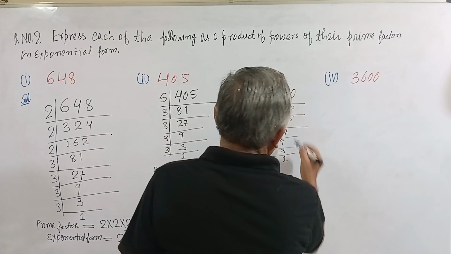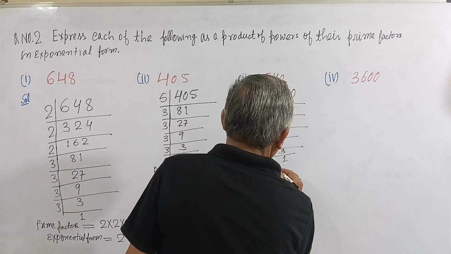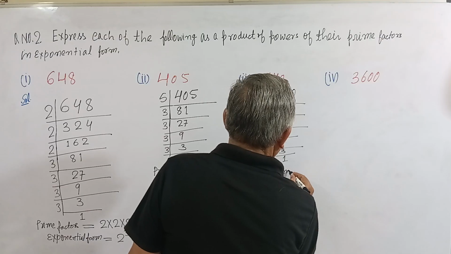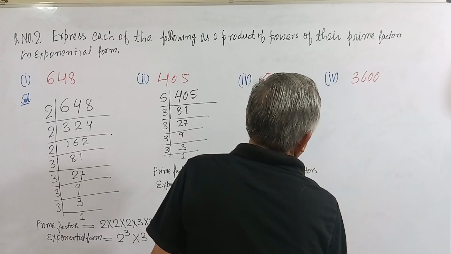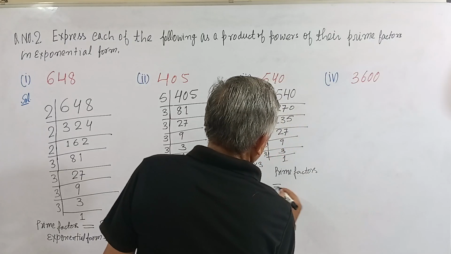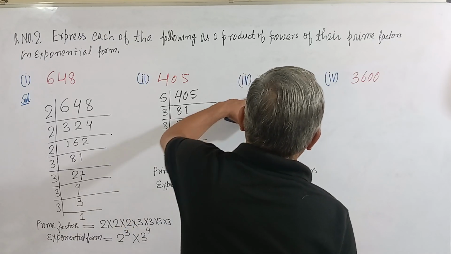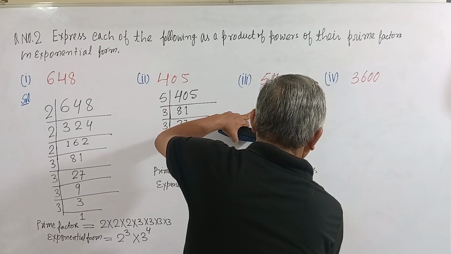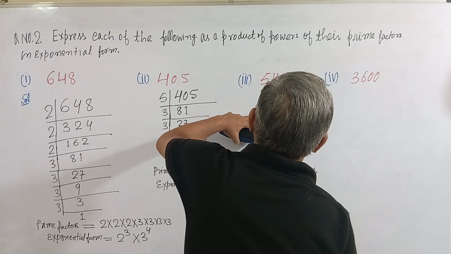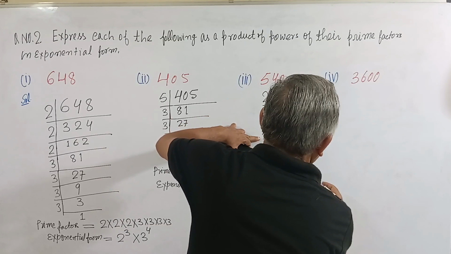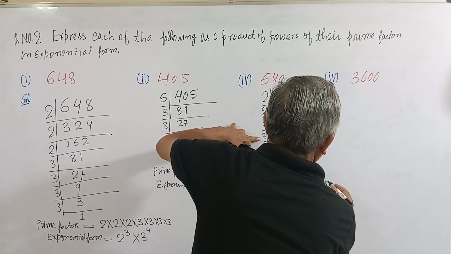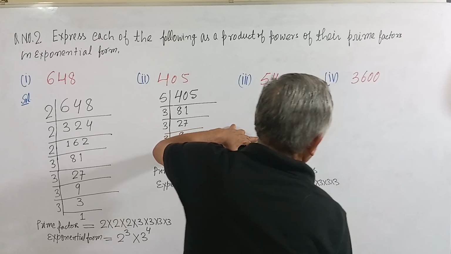So prime factors for this is 2 into 2 into 5 into 3 into 3 into 3.